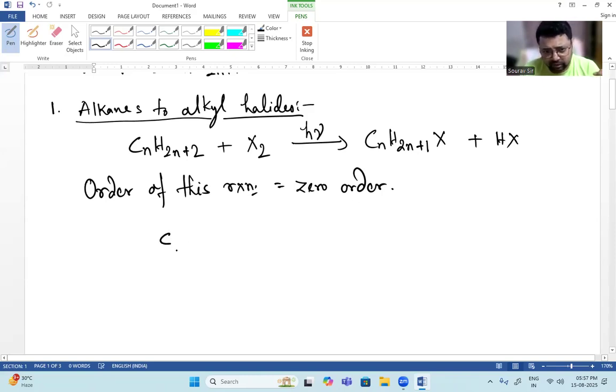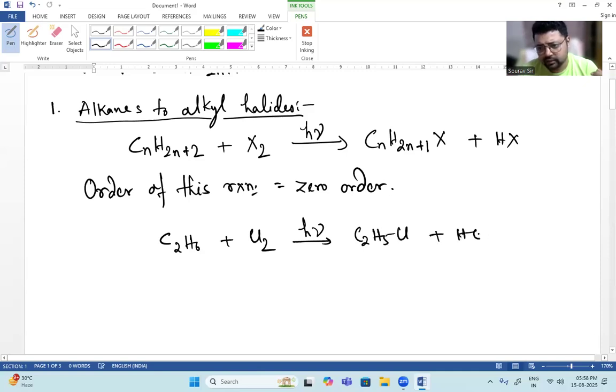If you have C2H6 and you give X2, like Cl2, with H nu, we will get C2H5Cl and HCl. C2H5Cl when treated with Cl2 will give C2H4Cl2 plus HCl.